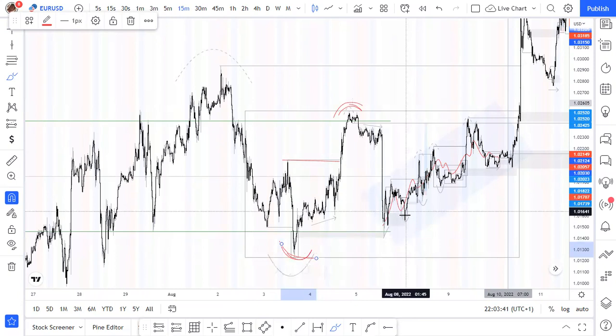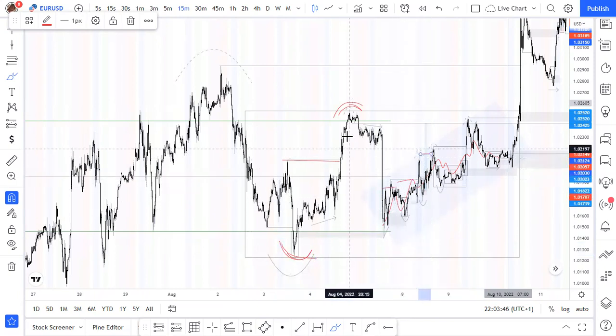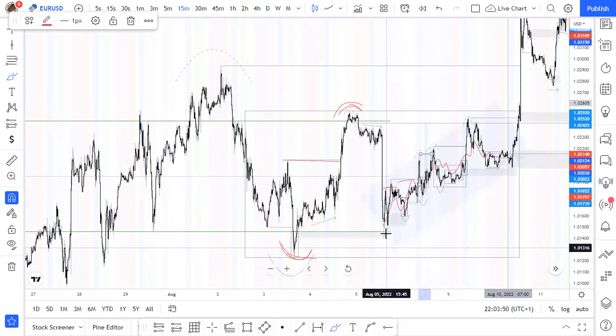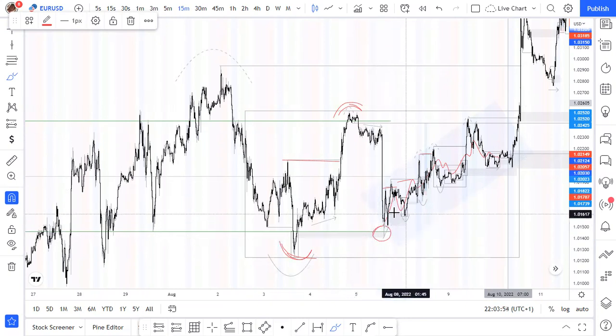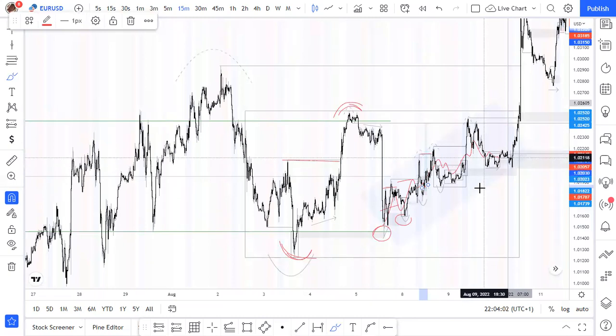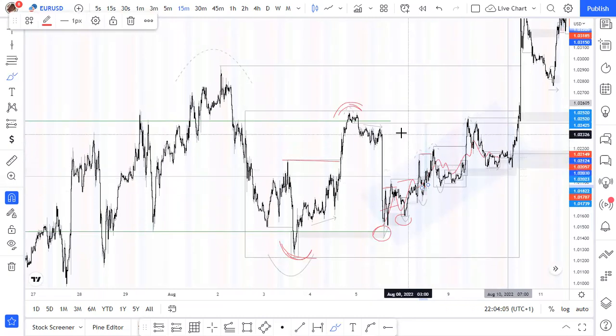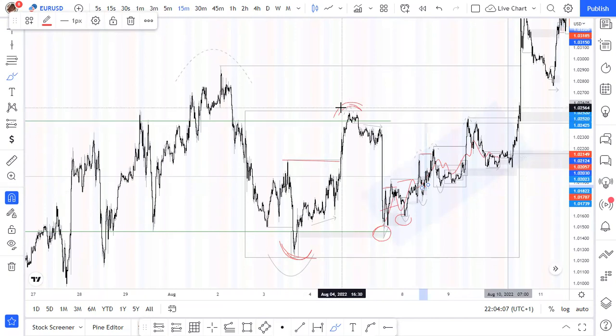So we can study the structure within the range and see if we could get in on a buy. Since we didn't get in on a buy here, we could just study what's happening within the range as price is pushing up and see if we could get a possible buy entry to maybe take out this high or something like that.